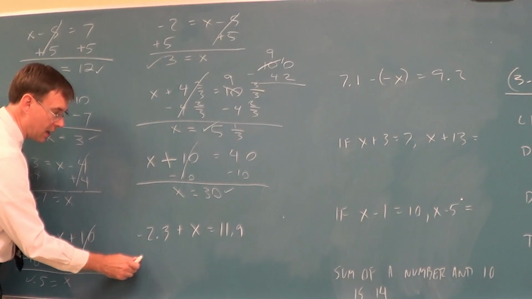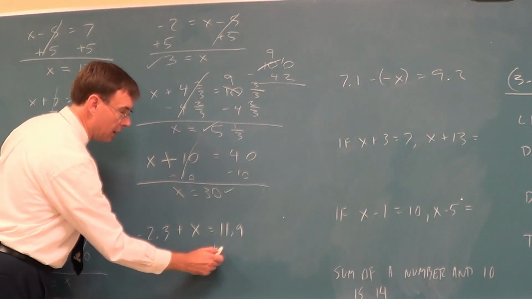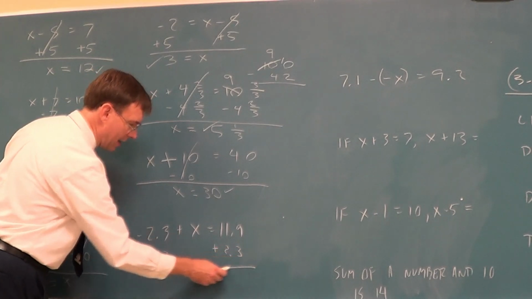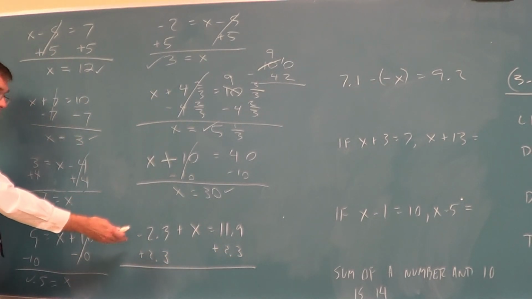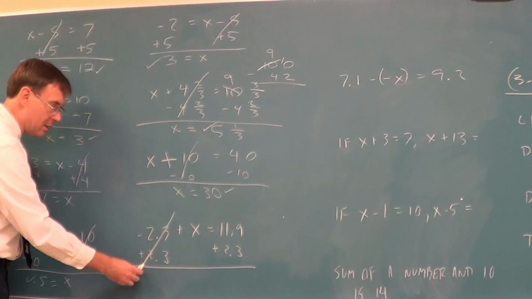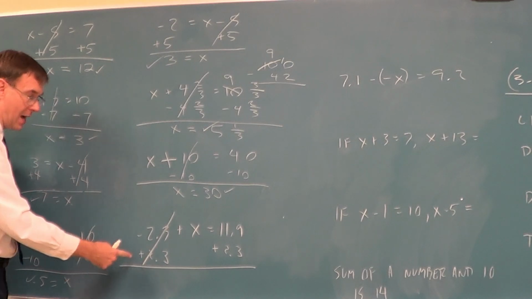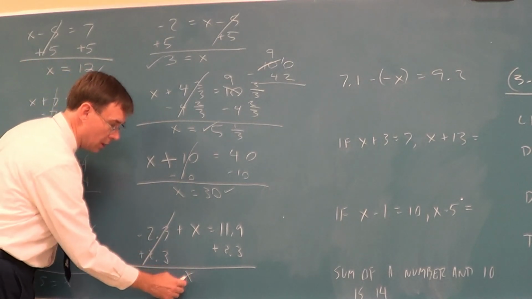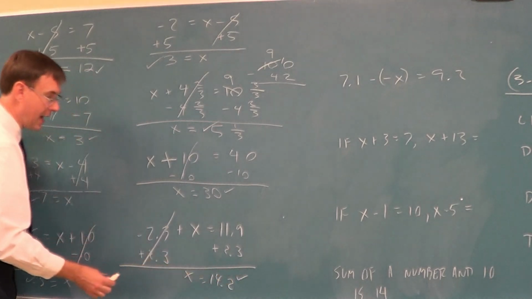To get rid of a negative 2.3, adding 2.3 would do the trick. Whether you choose to write that with a minus minus thing, or just jump straight to the plus thing, either way, that's going to wipe out. You are subtracting a negative, but that is forcing you to add. How you show that, I'll leave that up to you. X does equal 14.2. That would check out.